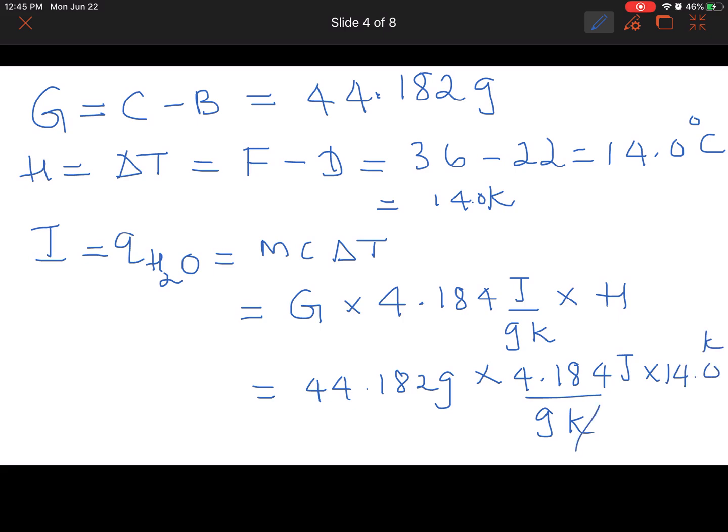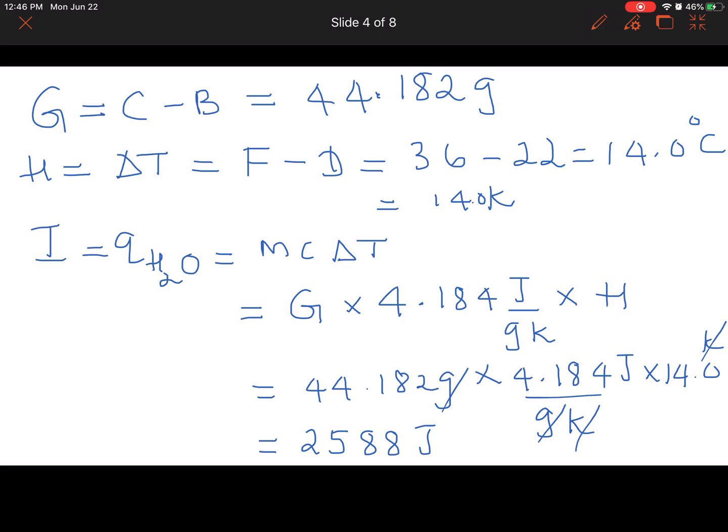Okay, so Kelvin gets cancelled, grams to grams get cancelled, and you will have the I, which is the heat absorbed by water, and that would come to a number similar to this, 2588 joules. Okay, that's going to be your I value.